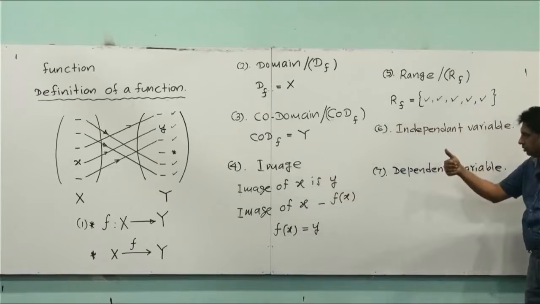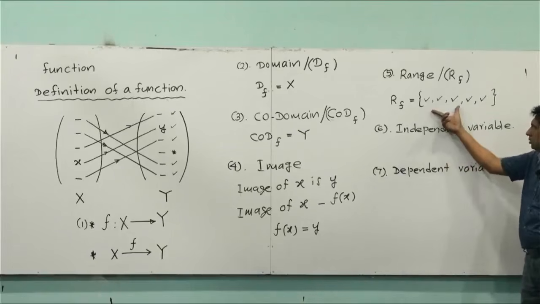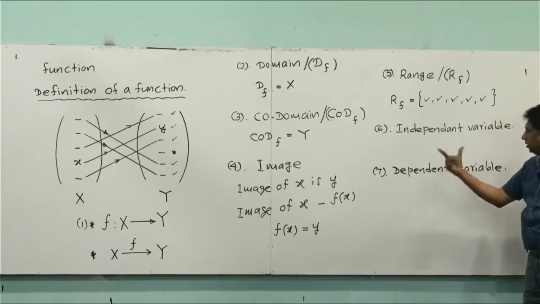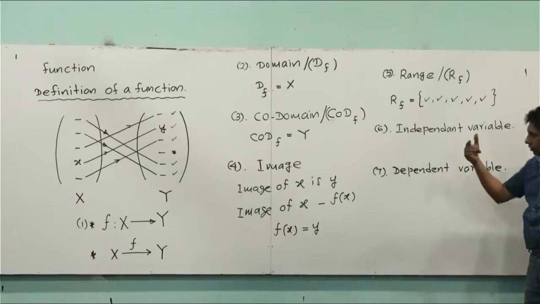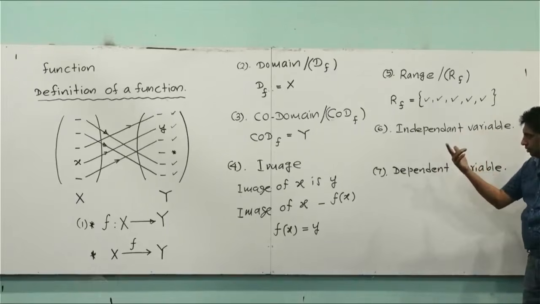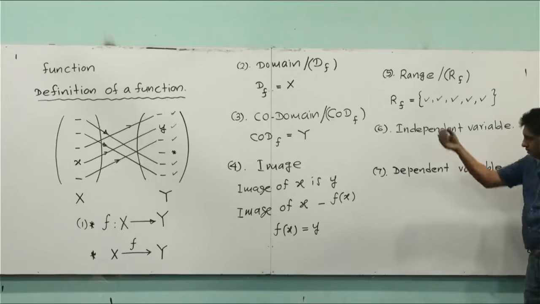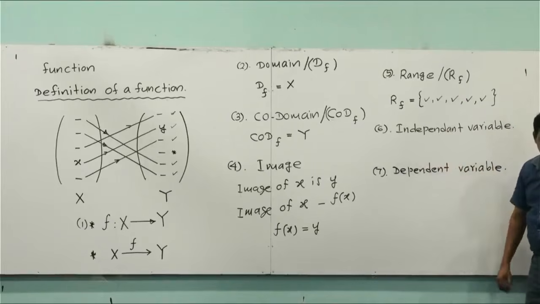If we make a set whose elements are only images, then it is called the range. If there is a variable that takes only values of capital X, it is called an independent variable. If there is a variable that takes only images as its values, it is called a dependent variable.